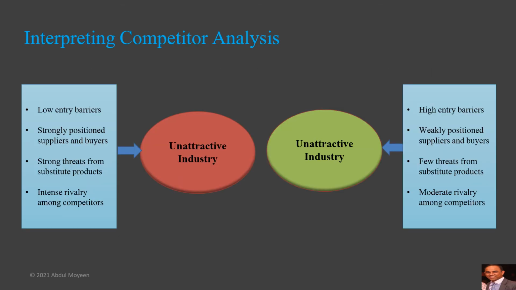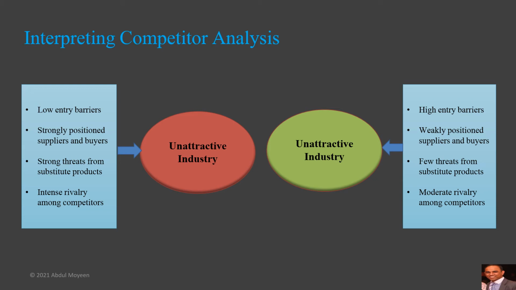So, following a study of the five industry forces, the firm has the insights required to determine an industry's attractiveness in terms of the potential to earn adequate or superior returns on its invested capital. In general, the stronger the competitive forces, the lower the profit potential for an industry's firms.